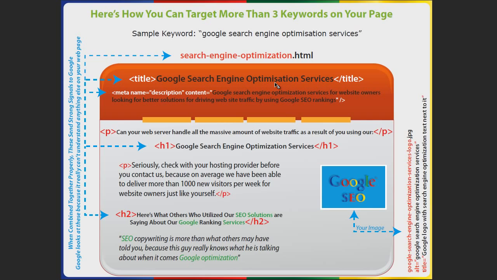Let's say you're on the 3rd position. Okay, if you create your titles properly, what will happen is you will increase your click-through rates, and by doing so, Google will automatically move you up. So therefore, as you can see, for on-page SEO, titles are extremely important as well.